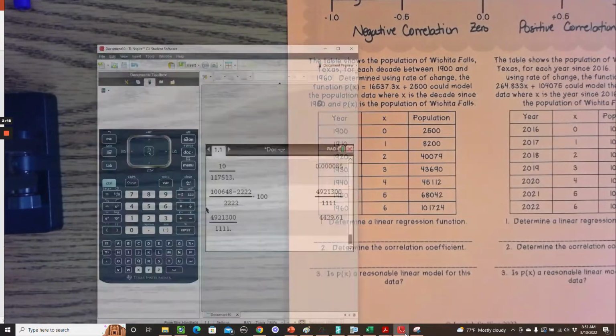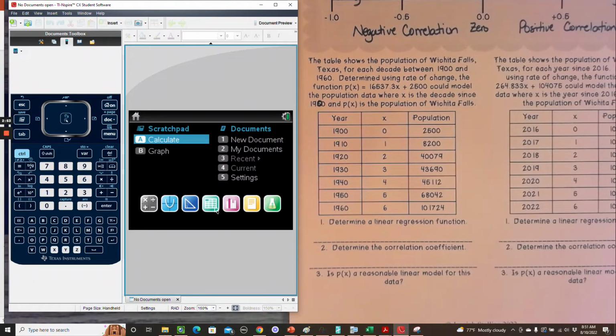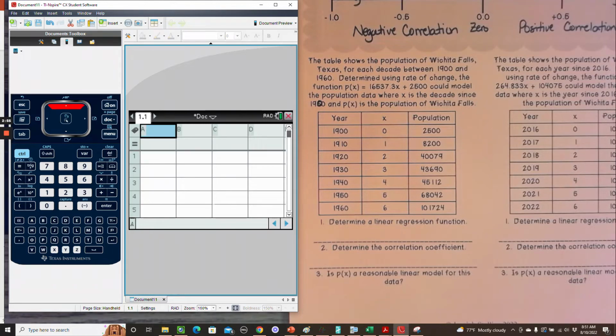So using linear regression, we're going to go to lists and spreadsheets. A is X, B is Y, and we're going to put our data in. Make sure everybody matches up nice and neat.